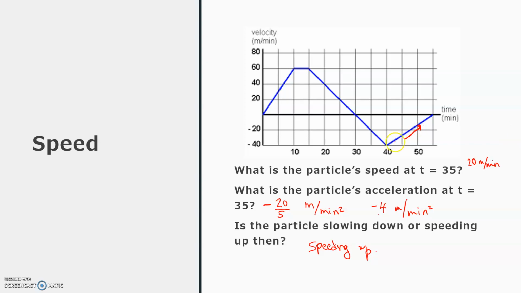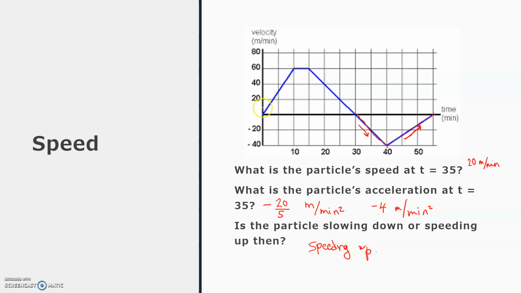So in this area, my particle is going from having a speed of 40 to having a speed of 0. My velocity is getting closer to that t-axis, so it's getting closer to 0 at this point. Here my velocity is negative and my acceleration is negative, and so this particle is speeding up because it's going from having a speed of 0 to having a speed of 40.